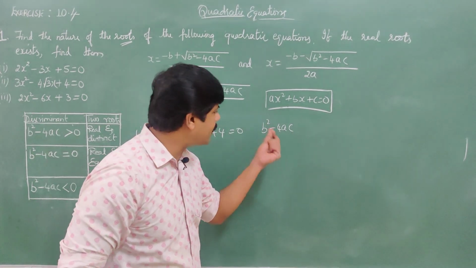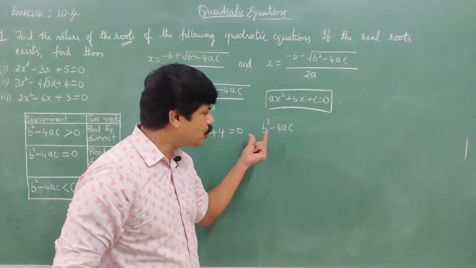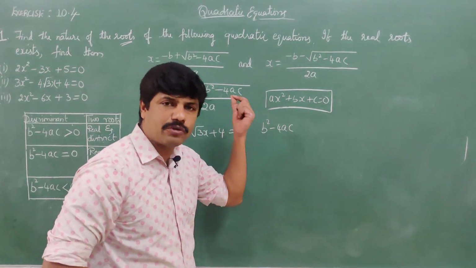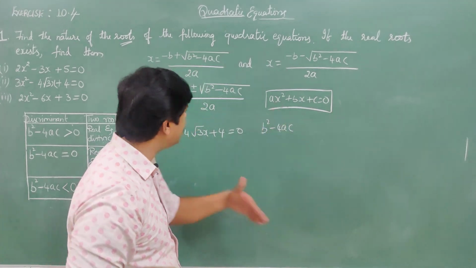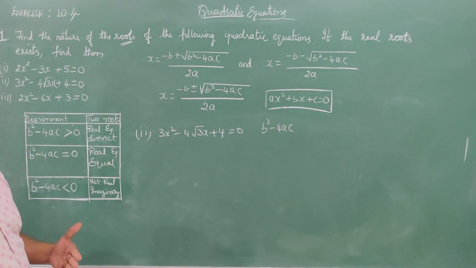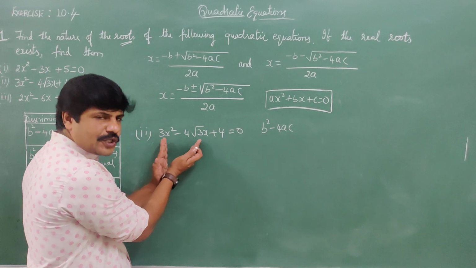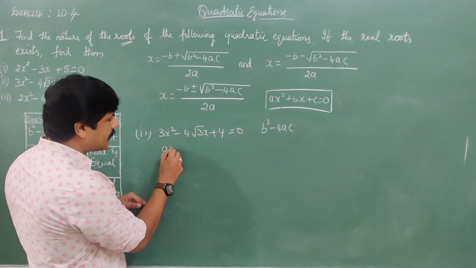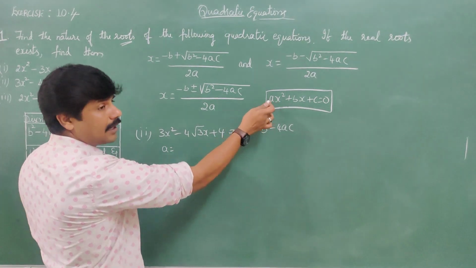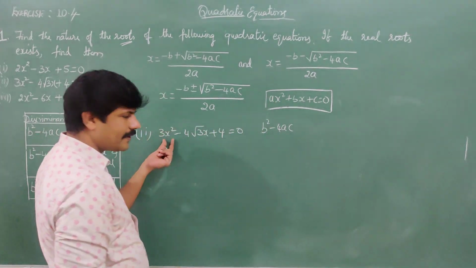So what value are we going to get when we substitute the values into b square minus 4ac? If b square minus 4ac is more than 0 or equal to 0 or less than 0, based on that we can find the nature of the roots. Understand? Now compare this with the standard equation. The coefficient of x square is a, and your coefficient of x square is 3.